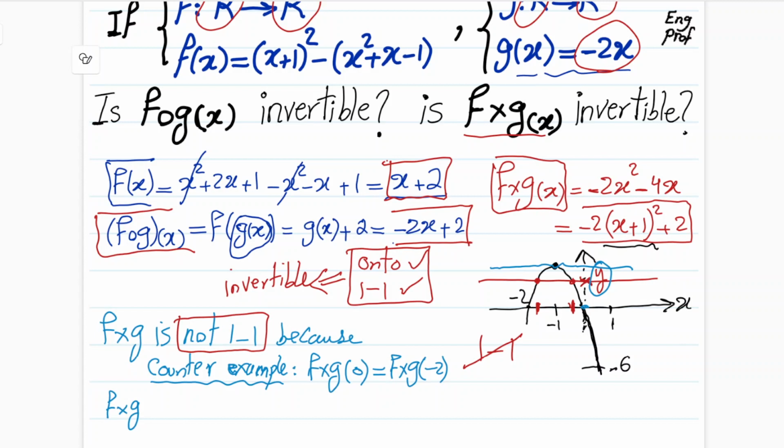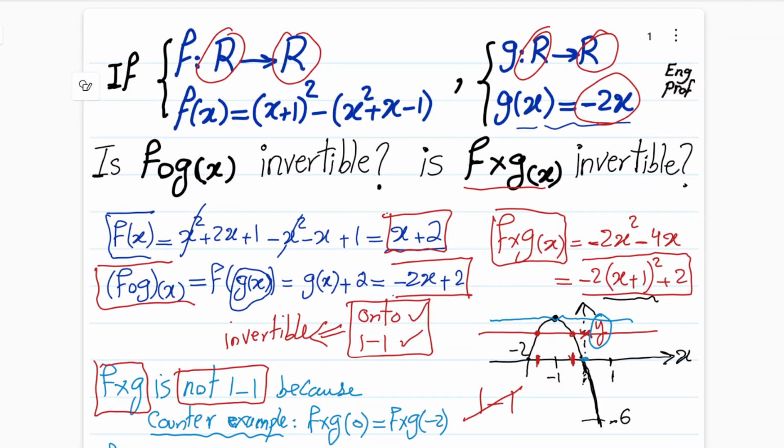As soon as you show that, the function is not invertible, because an invertible function must be both one-to-one and onto. Since you showed it is not one-to-one, we are done with respect to answering the question. The answer is that the product of f and g is not invertible because it is not one-to-one.